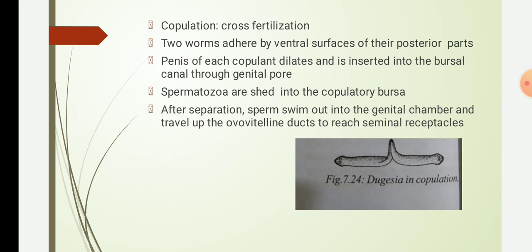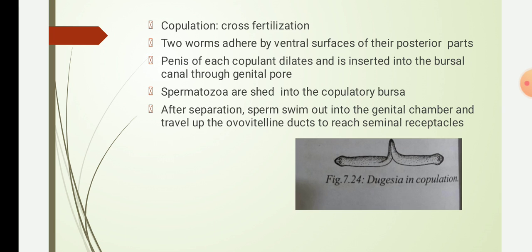In this position, the genital pores of the copulants lie opposite to one another. The penis of each copulant dilates and is inserted into the bursal canal of the other copulant through the genital pore. Then the spermatozoa are shed by each worm into the copulatory bursa of its partner.